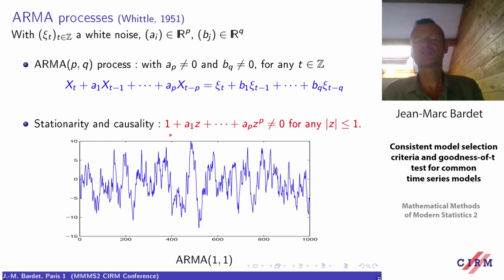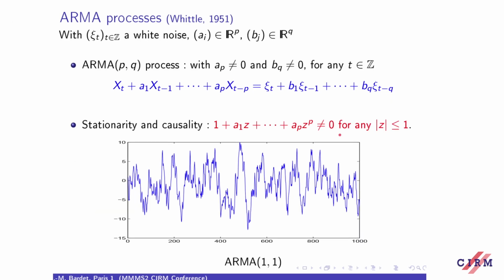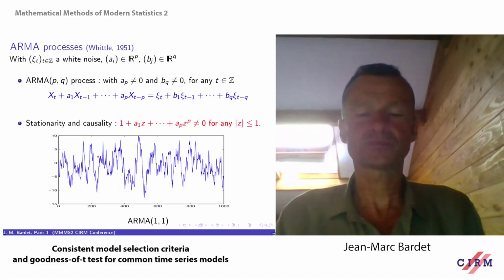Here I will just recall that when you have the condition that 1 plus a1 z plus etc. plus ap z^p is different from 0 for any z in the unit disk, then you have a stationary and causal ARMA process.